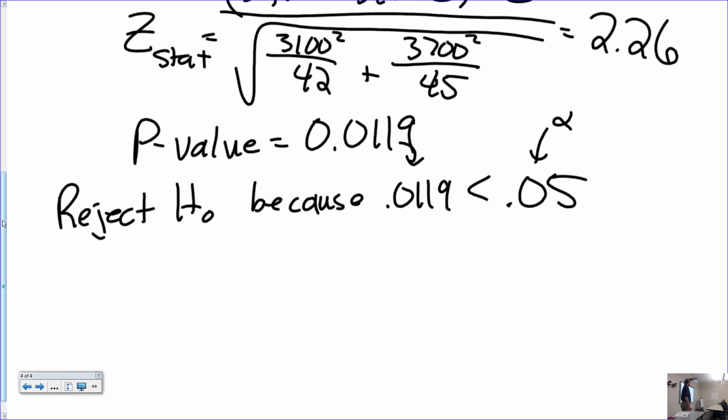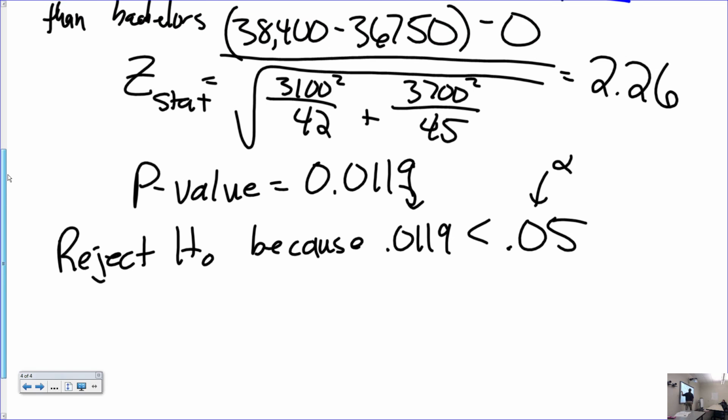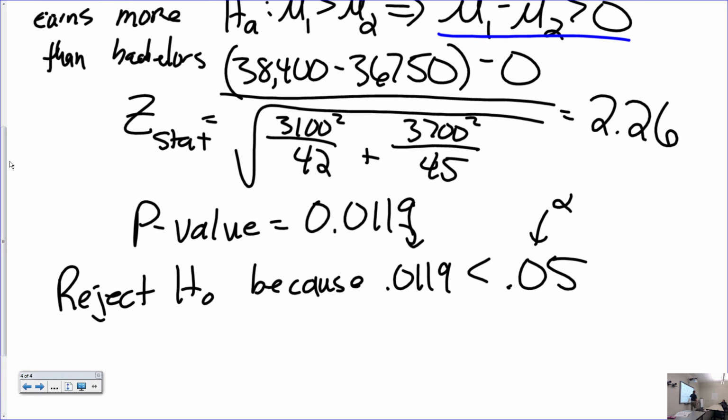If you looked up the z-critical value, the z-critical value was the 1.645. Our z statistic, 2.26, is more than that. That's another way to say you can reject. So the two ways you can test are either use the p-values or compare the z and the z-critical.